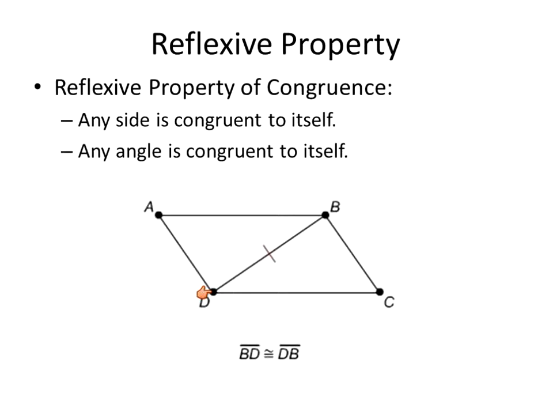So if DB is part of one triangle and BD is part of another triangle, we can say that the two sides are congruent to each other because they're the exact same side. And that's what the reflexive property is telling us. And sometimes we have to actually state that when we're justifying what we're doing in terms of showing that two triangles are congruent to each other.